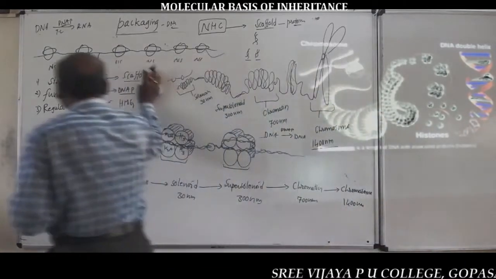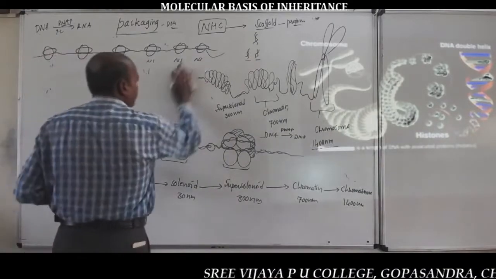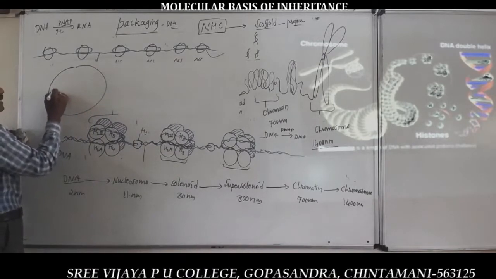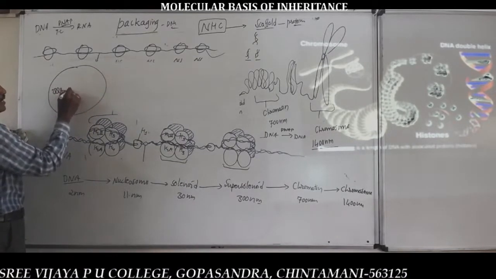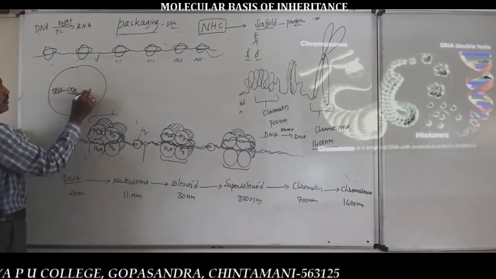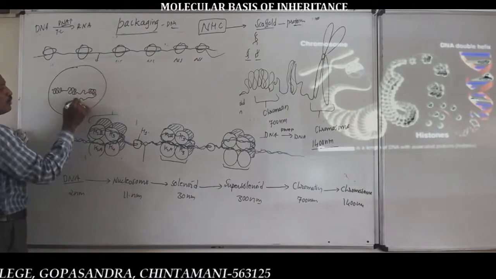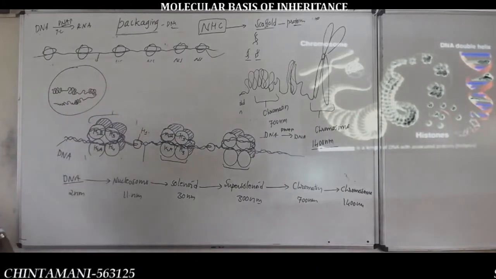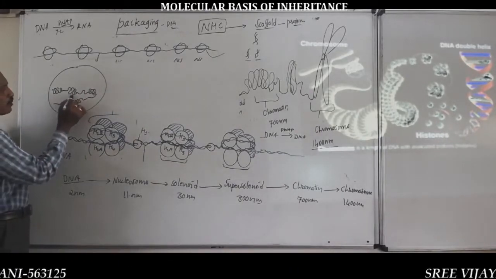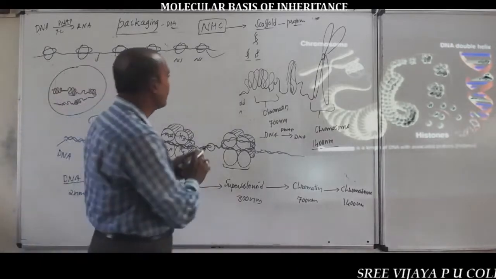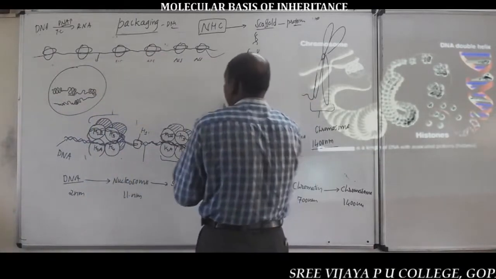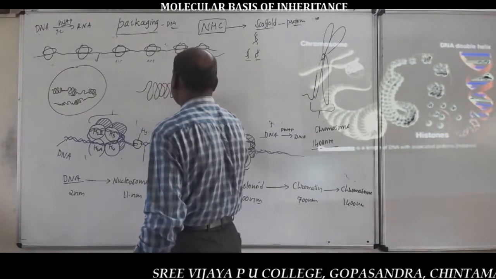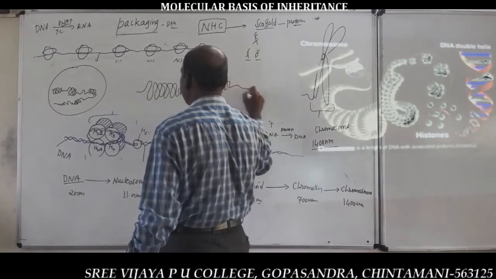But during packaging of DNA inside the nucleus in the form of solenoid, super solenoid, chromatin, or chromosome, very important: some regions of the chromatin fiber are more coiled, highly coiled, like this.